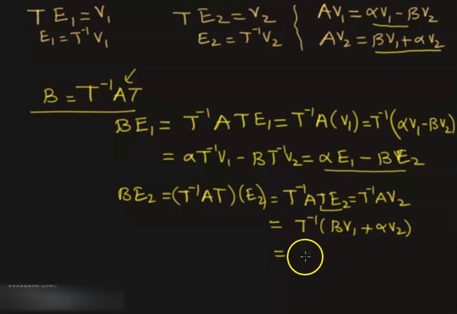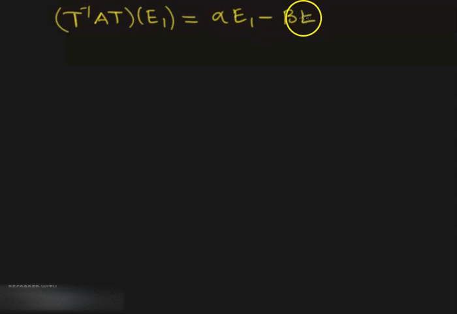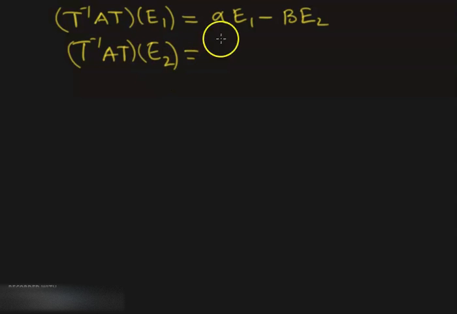Then you can operate T inverse and you will get beta times e1 plus alpha times e2. So what we have at the end of the day is T inverse AT operated onto e1 gives me alpha e1 minus beta e2, and when I operate T inverse AT onto e2, the other standard basis vector, I get beta e1 plus alpha e2.